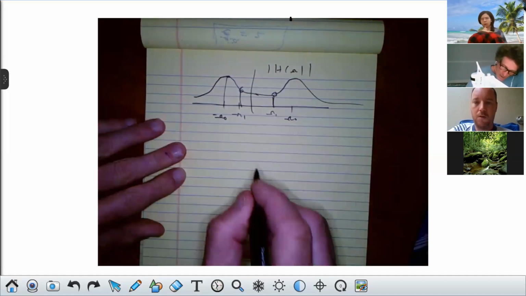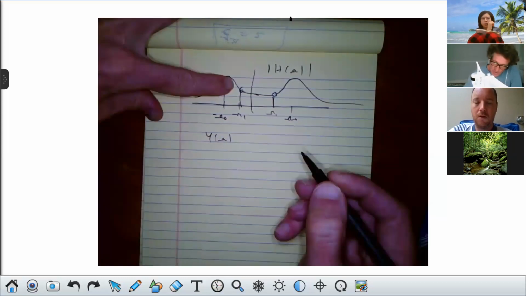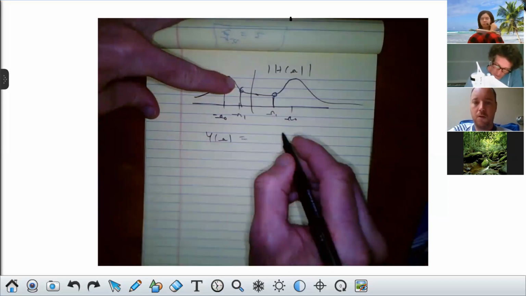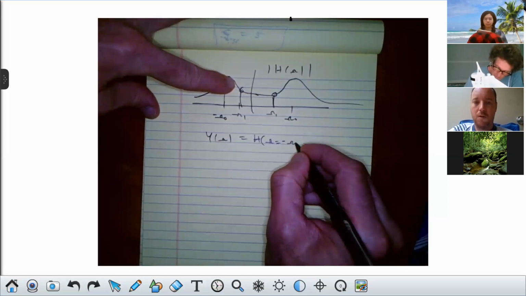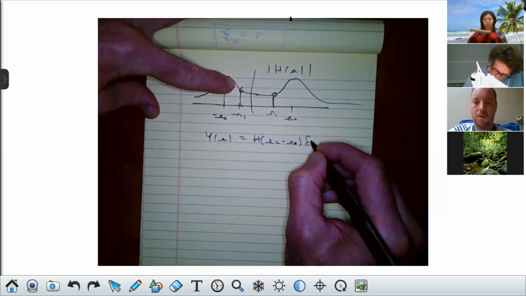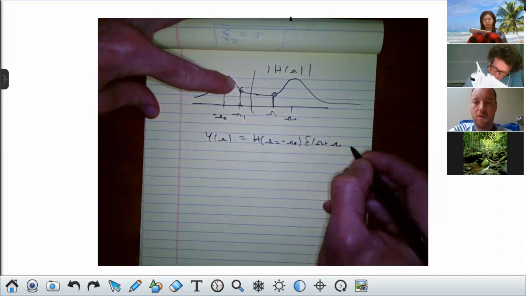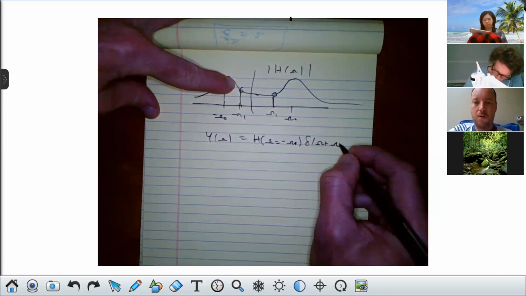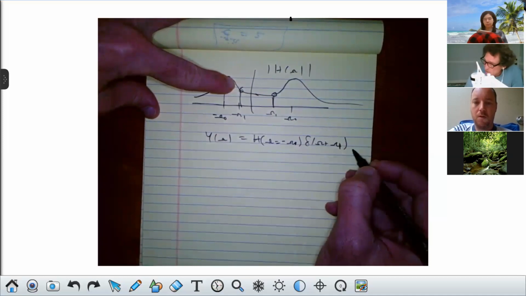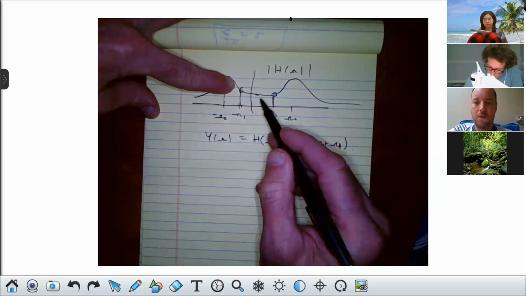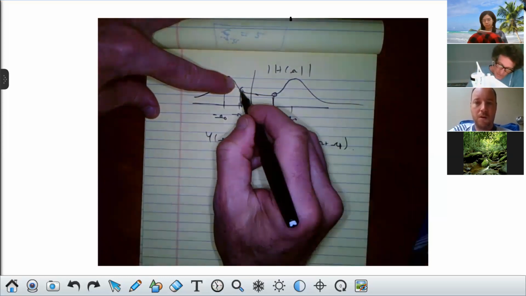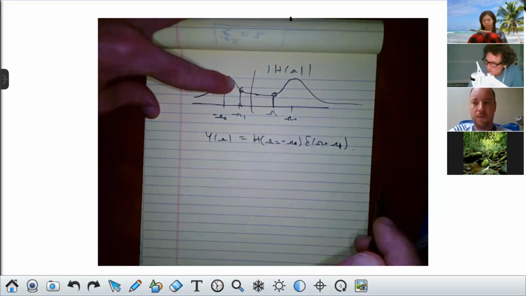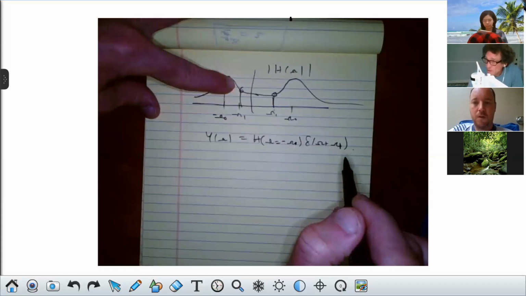So my y of omega, my output, is simply going to be h of omega equals minus omega 1, times a delta function of omega plus omega 1. That delta function has to be there, because the whole idea is the input is a continuous frequency. So what we have to do is evaluate the filter response at just two frequencies, the plus and minus value of the cosine waveform.